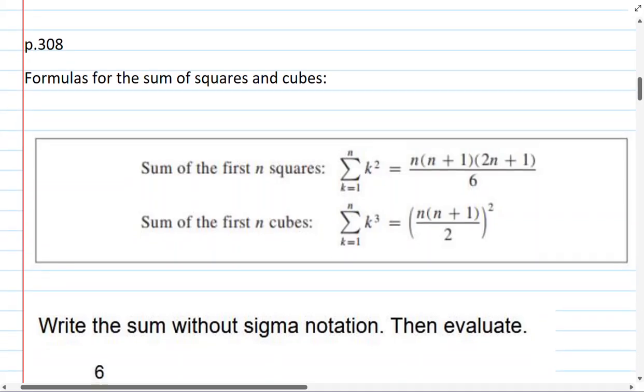All right. You need to know about formulas. This is all about formulas. One of them is the sum of k.